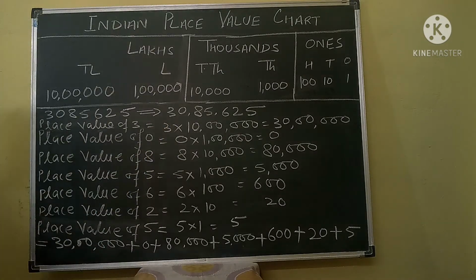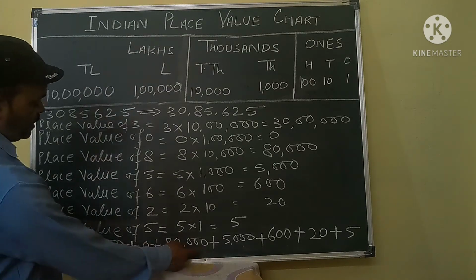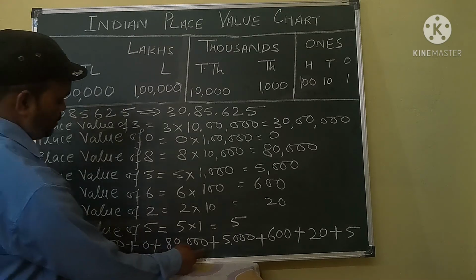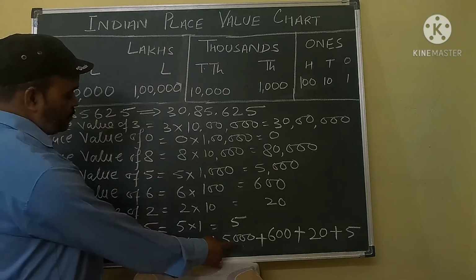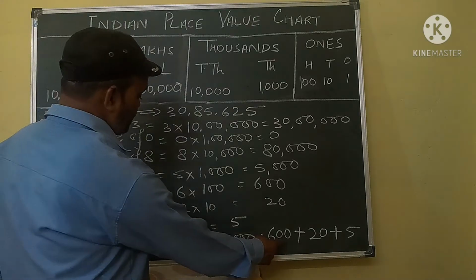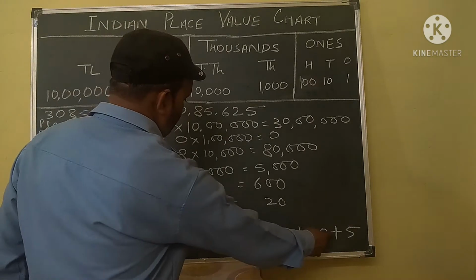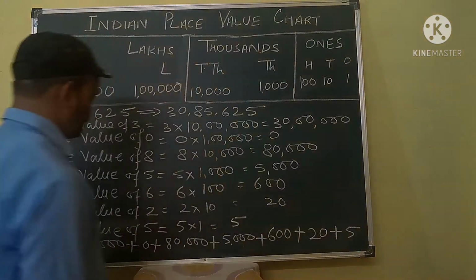Okay. Now look here. This is 30 lakh plus 0 plus 80,000 plus 5,000 plus 600 plus 20 plus 5.